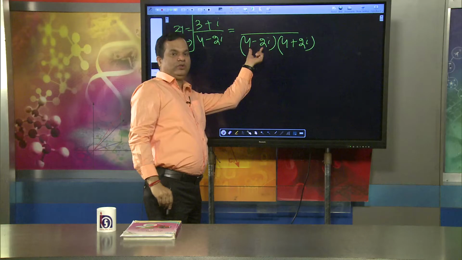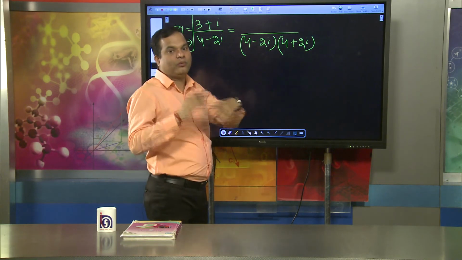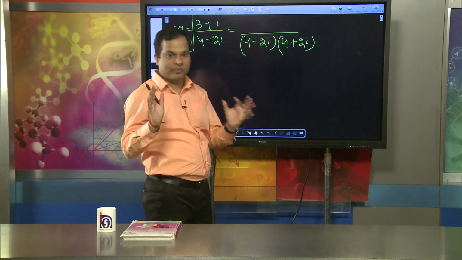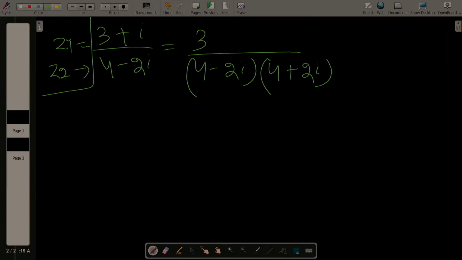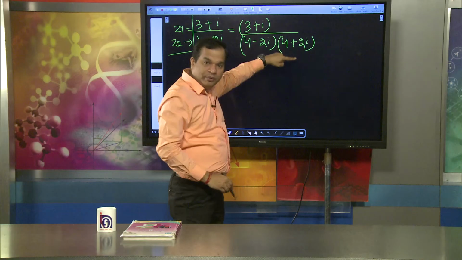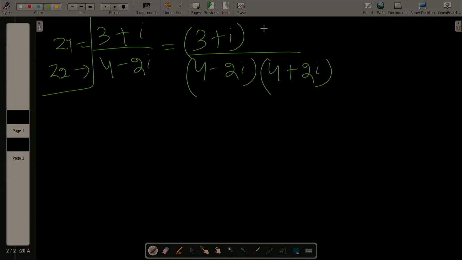If it is 4 plus 2i, then we multiply by 4 minus 2i, in order to use the A plus B into A minus B formula. The numerator is 3 plus i, and the same quantity, 4 plus 2i, which we used in the denominator, we multiply with the numerator. That means 4 plus 2i.